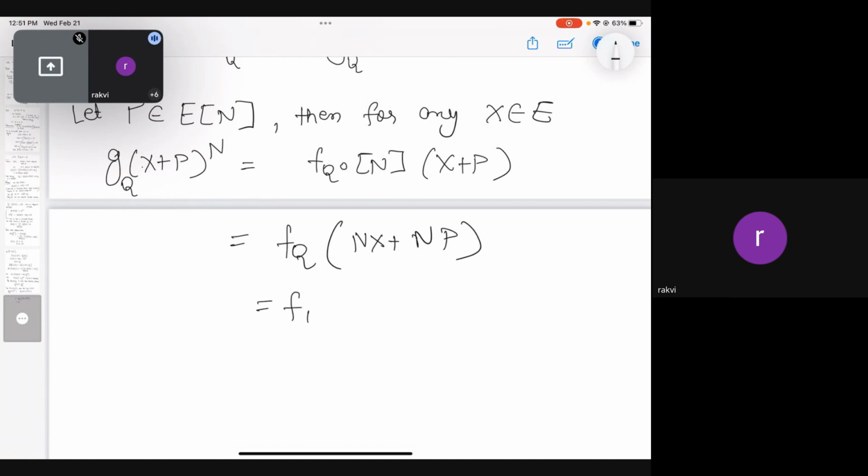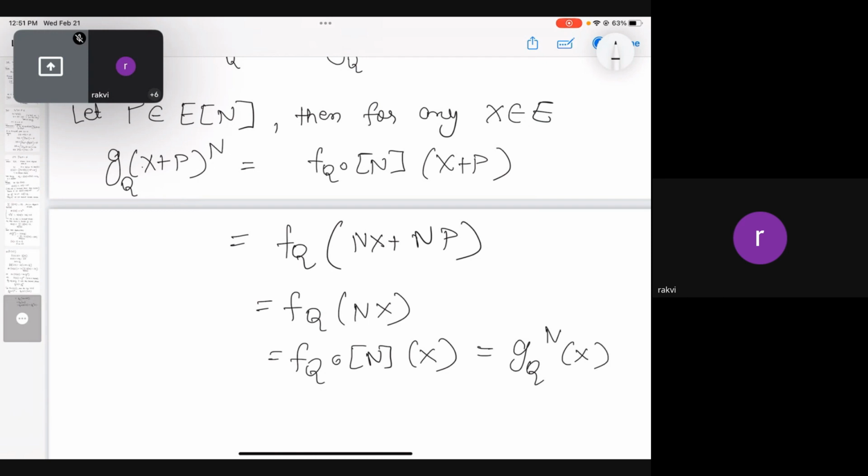So this is fq of nx, which is fq composed with this function at x. But what was this? This was basically my gq, right? Fq composed with n is gq to the power n, right?